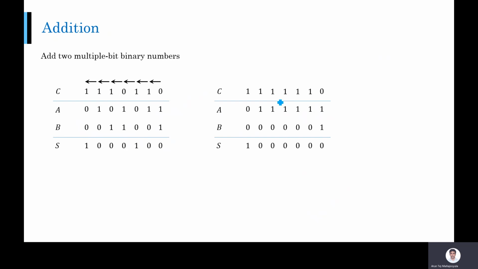So on. Okay. So what do you see? You have generated 1 carry here from the first stage, and that carry is propagating, right? Through all the stages, this carry is propagating. So this is like your worst case scenario where the carry is propagating from the first stage, whatever carry you have generated, that is propagating till the last stage.